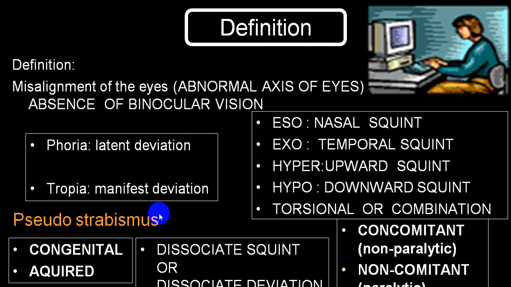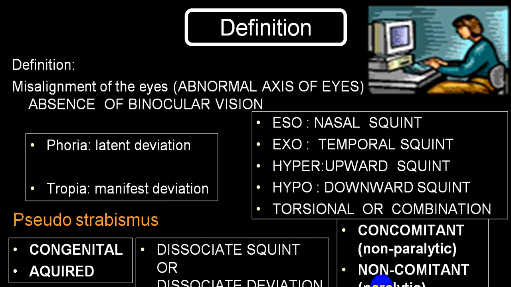Now this can be congenital or acquired. If it is since birth, it is called congenital, and if after birth, it is called acquired. If the two eyeballs are in two different directions, then it is called dissociate squint or dissociate deviation.